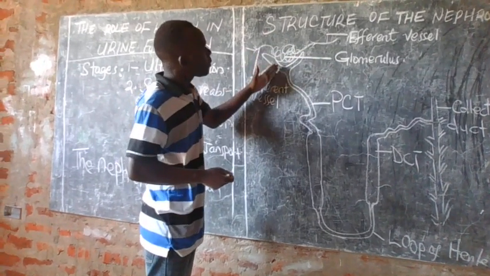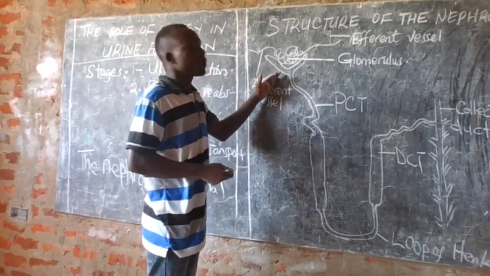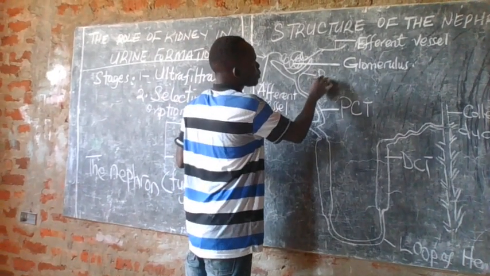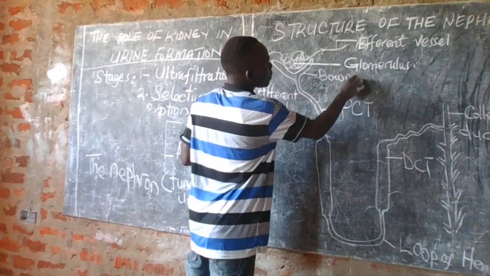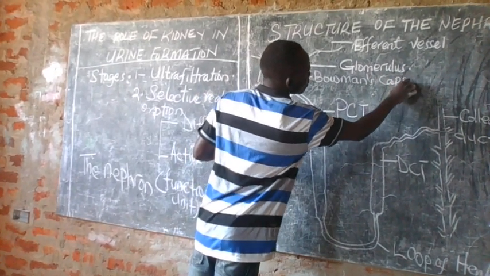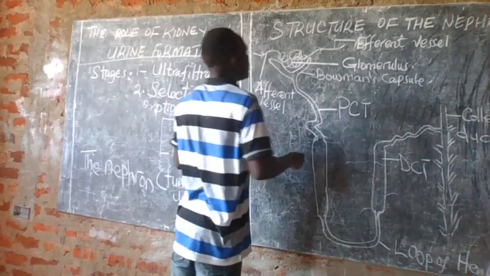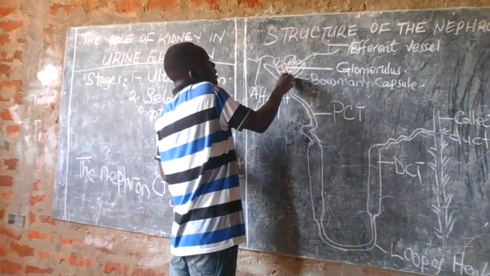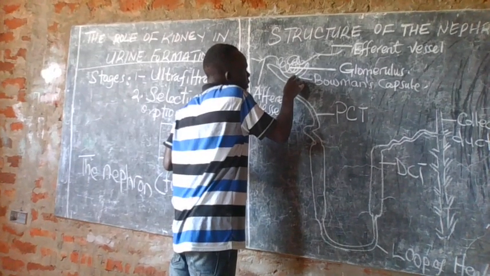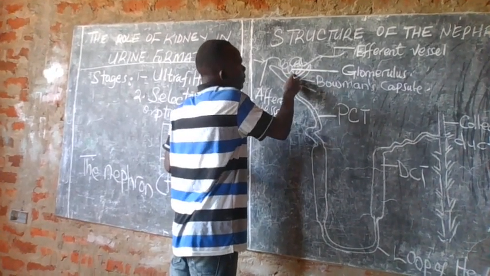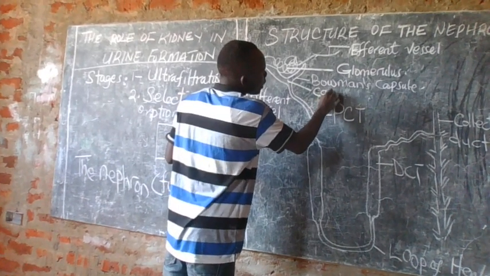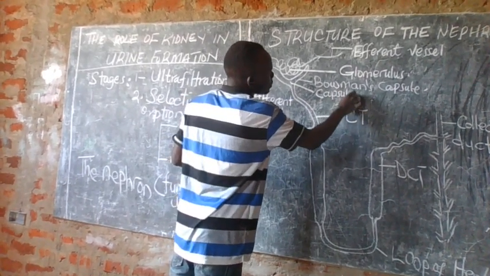Then behind the glomerulus is the Bowman's capsule. Then that space after the glomerulus inside the Bowman's capsule is called the capsular space.